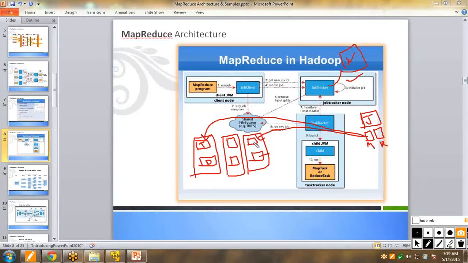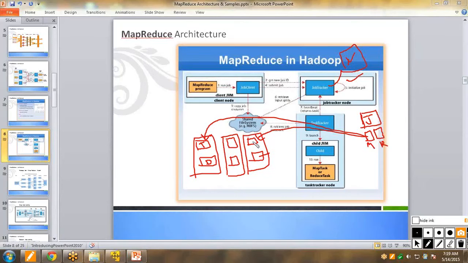A map task in the Java world is a kind of function only, right? So I get a line, and what essentially you have to do is split the line.